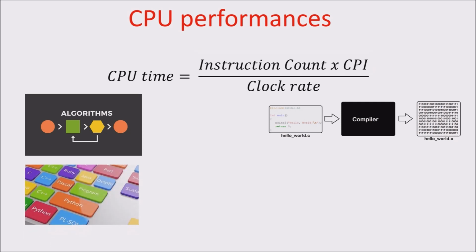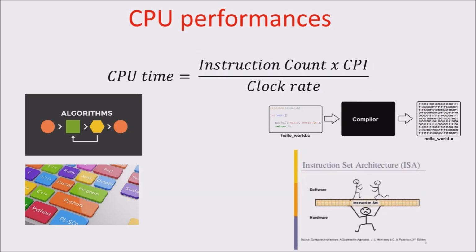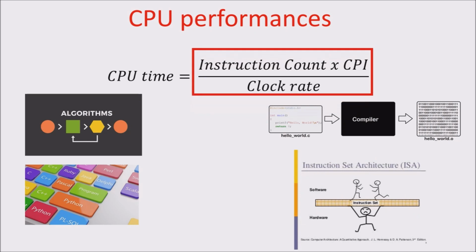The programming language affects instruction count and the CPI as well, because statements have to be translated into instructions. The instruction set architecture affects all 3 factors of the CPU time equation, since it affects the instructions needed for a function, the clock cycles for each instruction, and the overall clock rate of the processor.